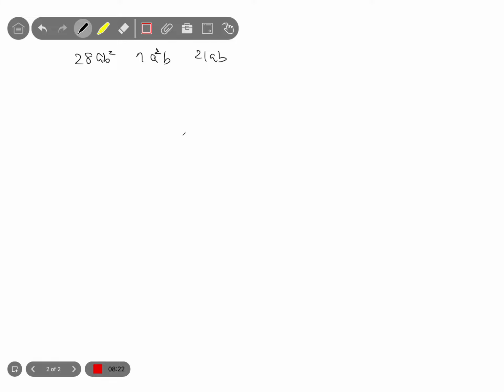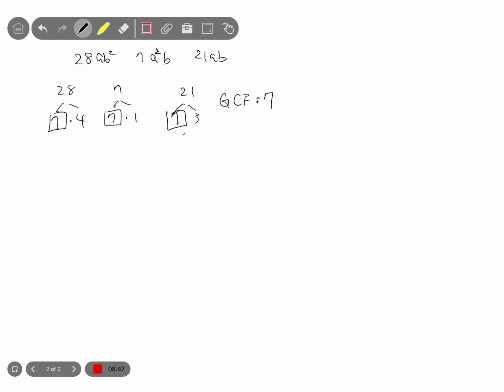You can probably see that 28 is 7 times 4. 7 obviously is 7 times 1. And notice 7 is prime. And the 21 is 7 times 3. So from here, I think we can say the GCF for the number part is just 7.